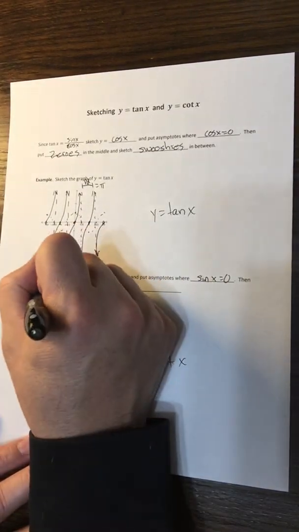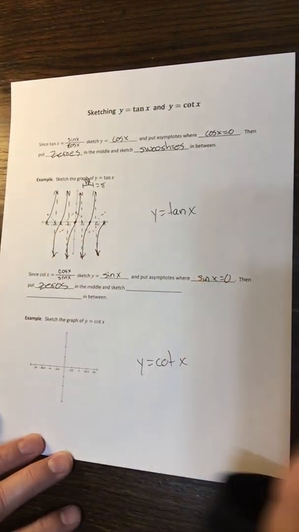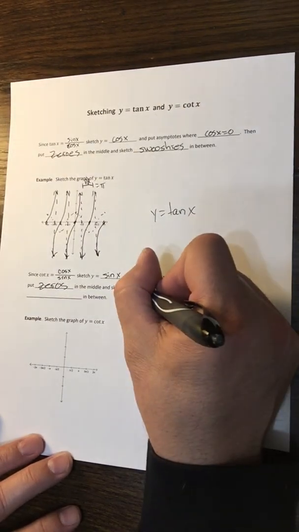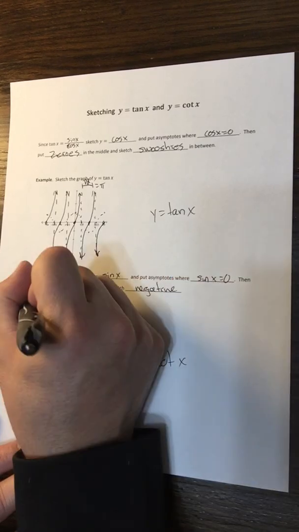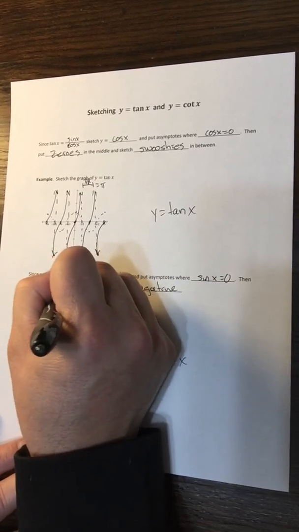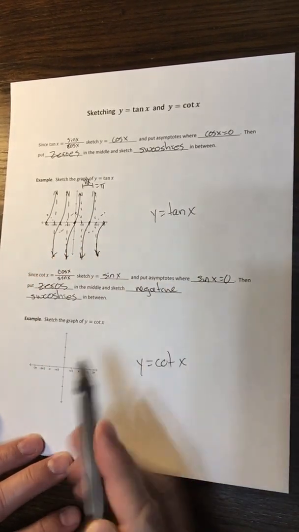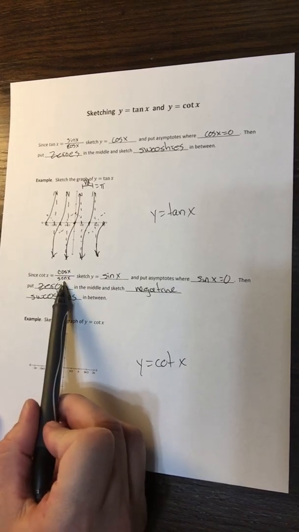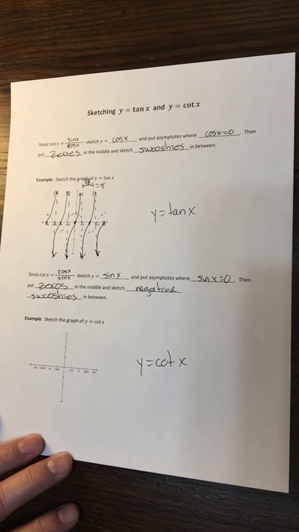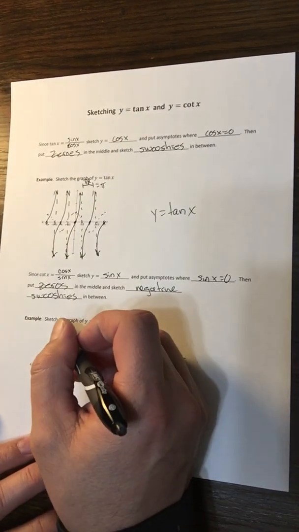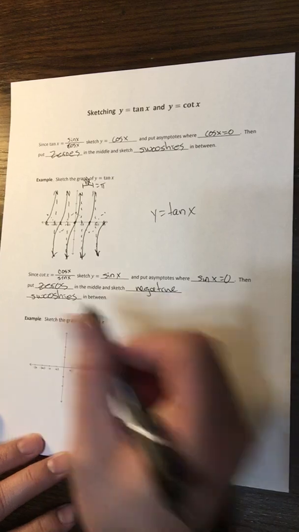Then put zeros on the axis right in the middle of all of those asymptotes and sketch negative swooshies. So a couple things to remember. Cotangent is cosine over sine, whereas tangent is sine over cosine, right? But you could get that from SOHCAHTOA if you take a minute and think about it. And then you have to remember that the cotangent has negative swooshies.